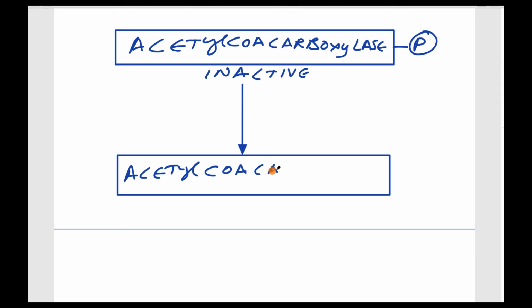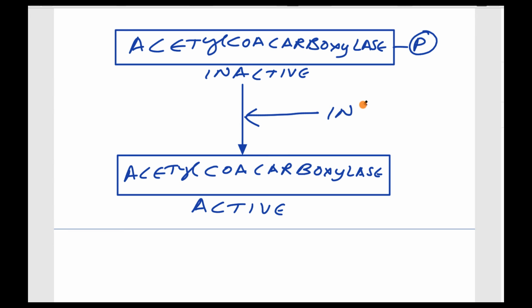Here there is no phosphate. It is active. In the fed state, in the presence of insulin, insulin activates the phosphatase and the phosphate group is removed. So it becomes active. It happens in the fed state.